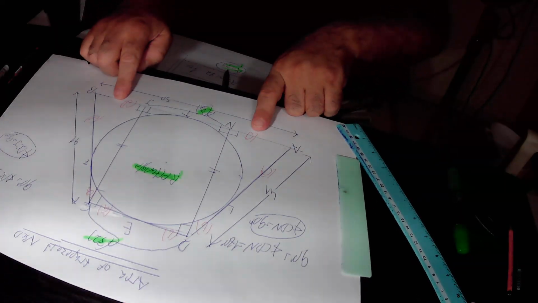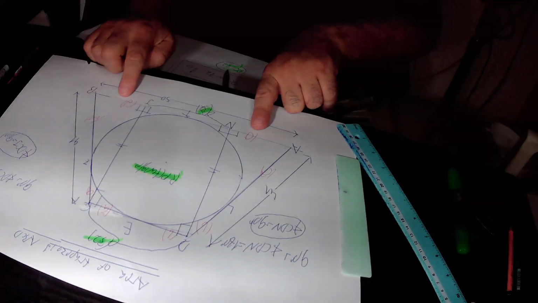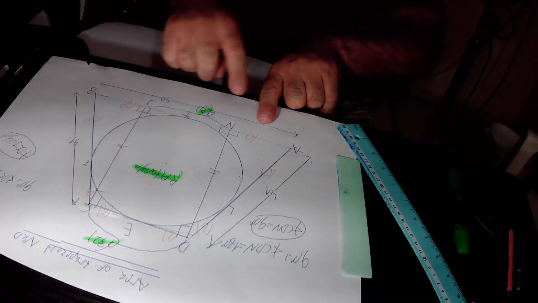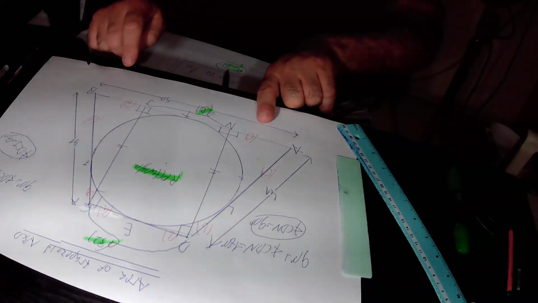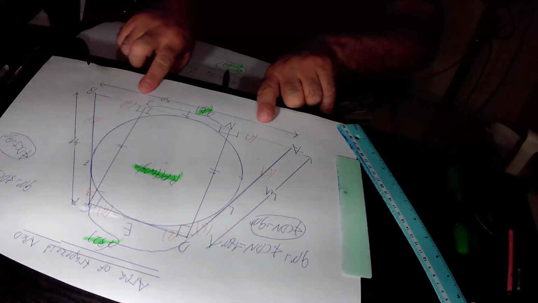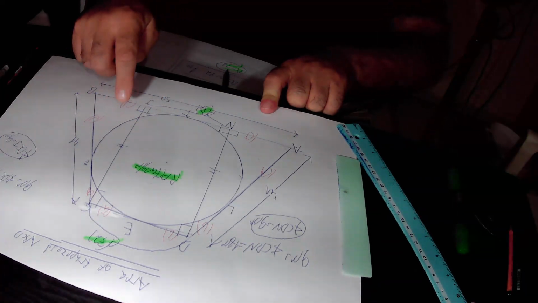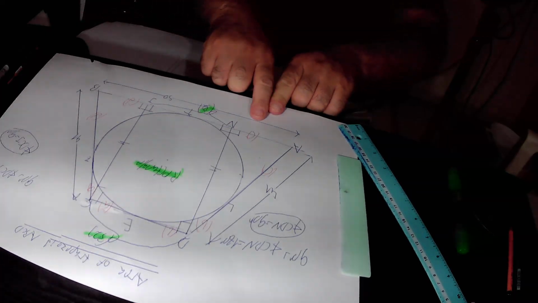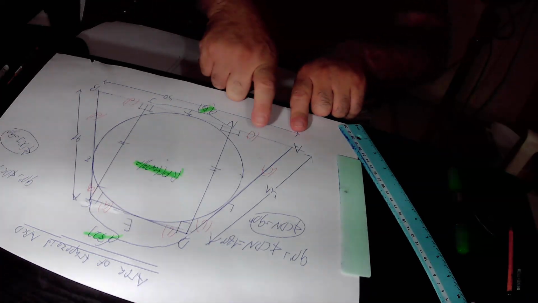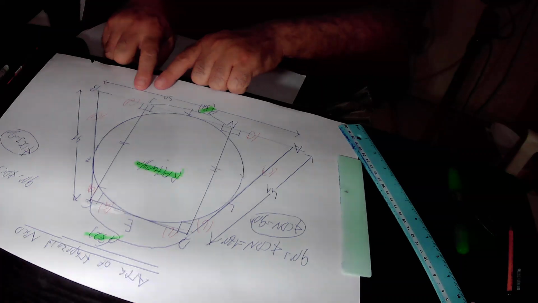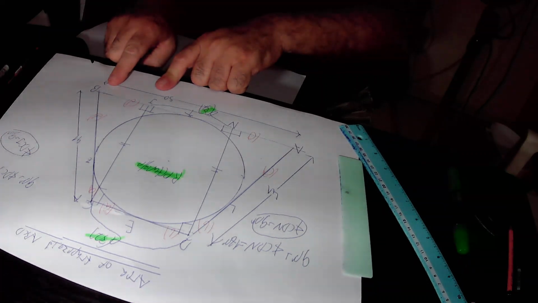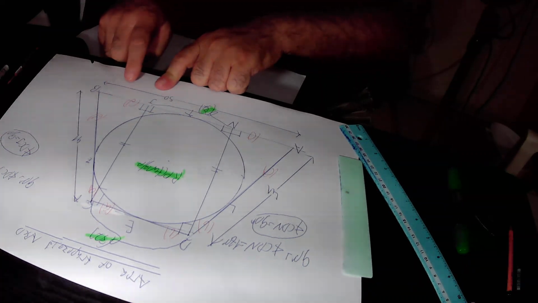The first side of right triangle ADN must be equal to the first side JB of the right triangle JCB. Again, the first side AN of the right triangle ADN must be equal to the first side JB of the right triangle JCB.